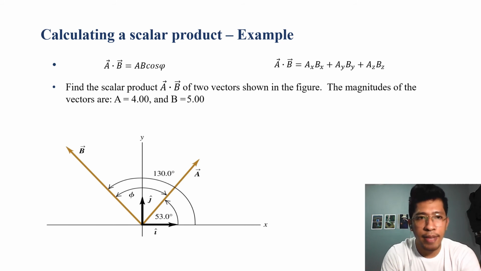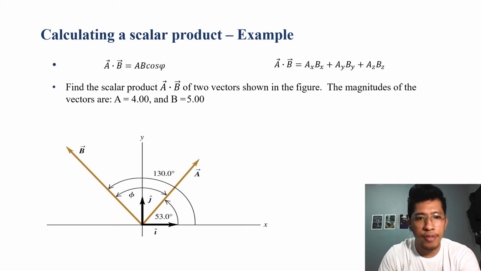Let us have an example of calculating the scalar product. So we have the formulas here. You have a dot b is equal to ab cosine phi, or a dot b is equal to ax bx plus ay by plus az bz. Find the scalar product a dot b of the two vectors shown in the figure. The magnitudes of the vectors are a equal to 4 and b equal to 5.